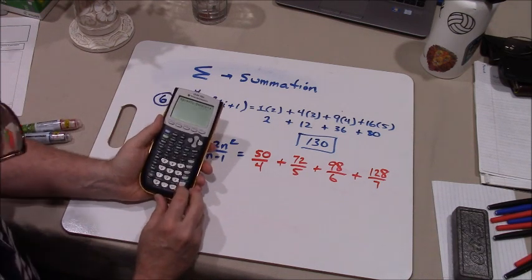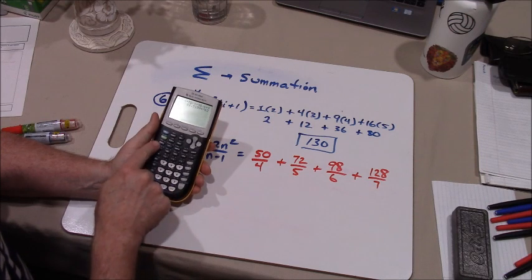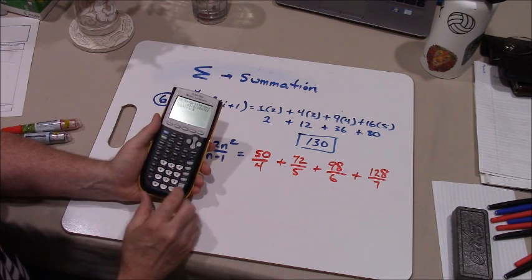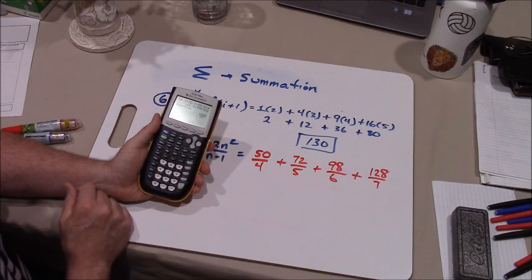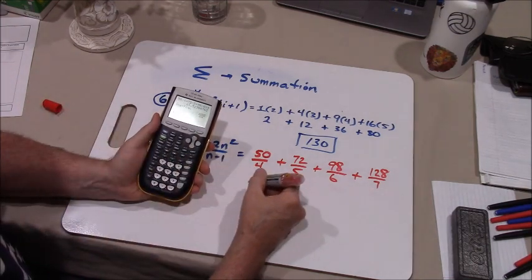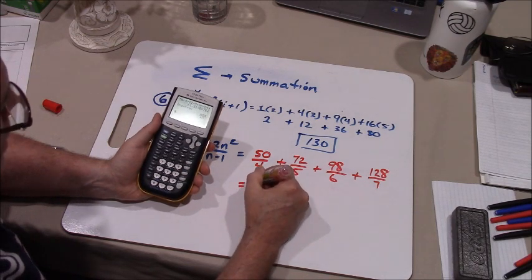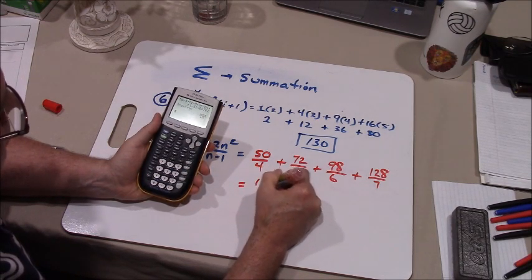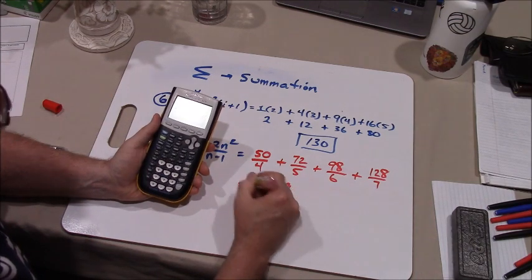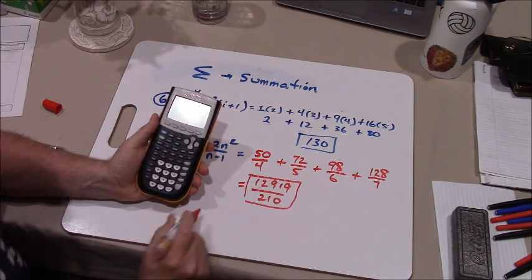And when I hit enter, I'm going to see a decimal answer, but remember under the math button we have that convert to fraction option. You can go ahead and do that, and there's our reduced answer for adding these together. So what I have is 12,919 over 210. There's our answer.